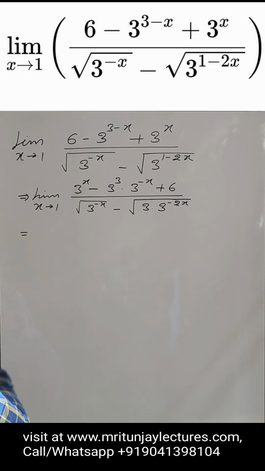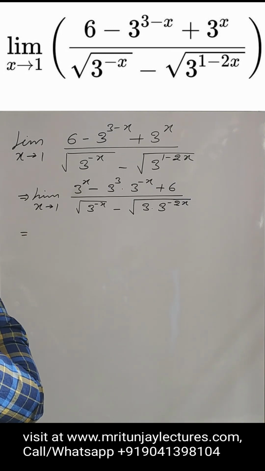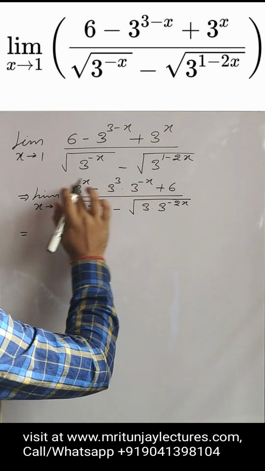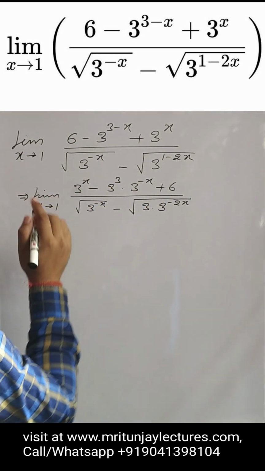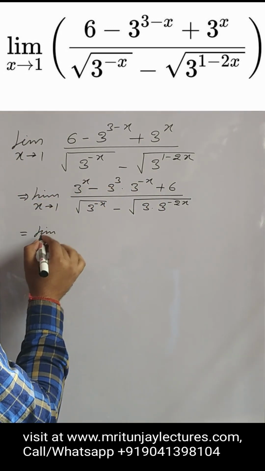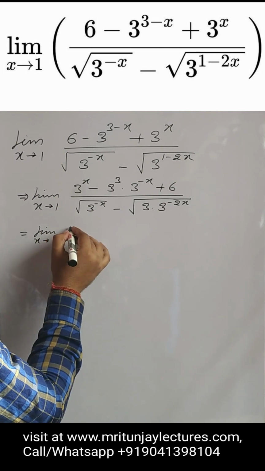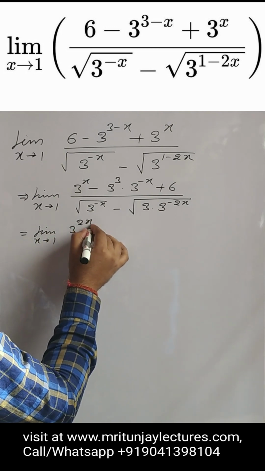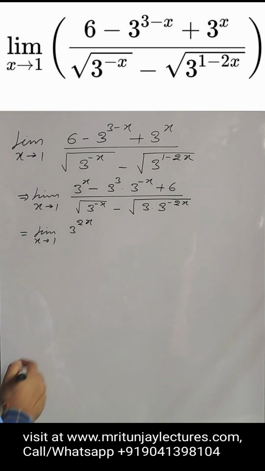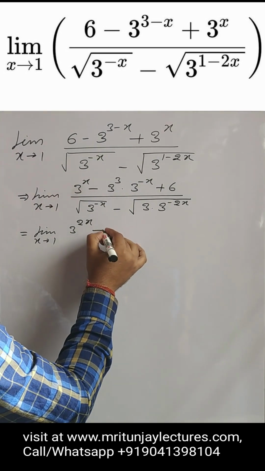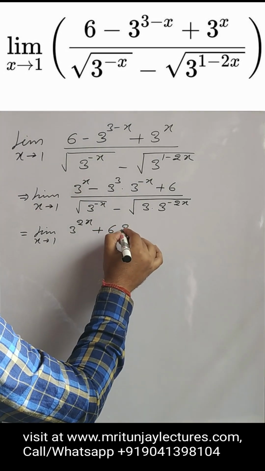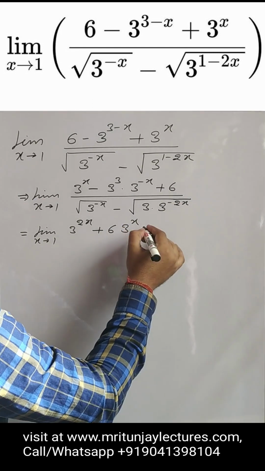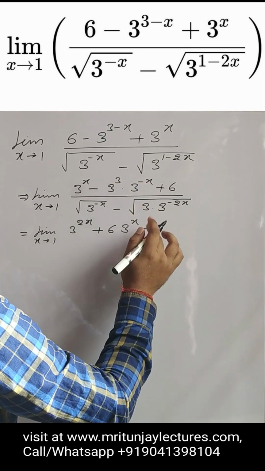Now after that, if 3 to power minus x is common, then we get 3 to power 2x plus 6 into 3 to power x, and this is 3 to power 3.